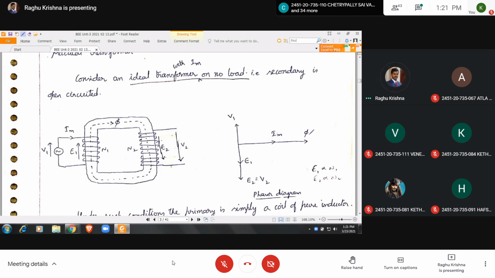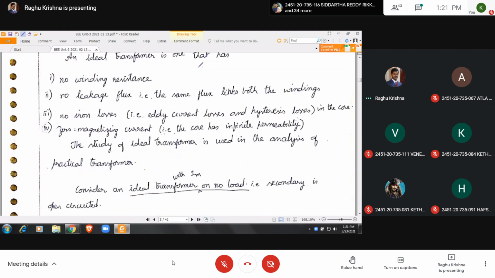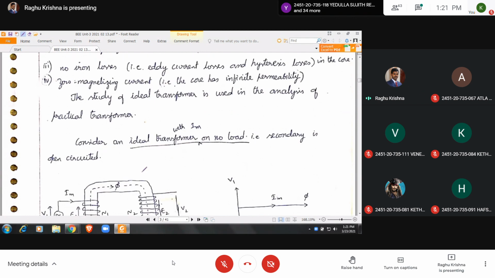Next, flux will be in phase with the magnetizing current IM. Flux and current will be in phase. So here this is the ideal transformer with IM. That means we are violating the fourth point, zero magnetizing current. But actually there will be magnetizing current, which we are going to consider now.